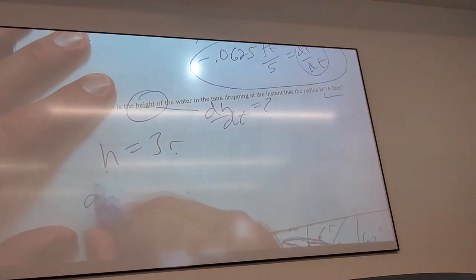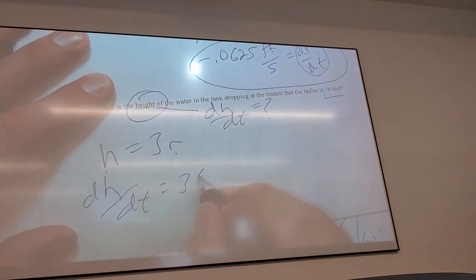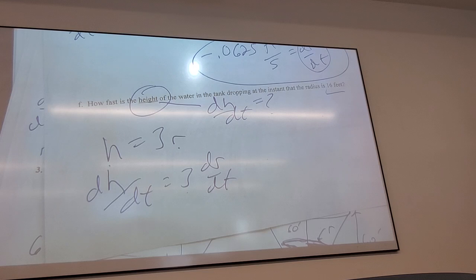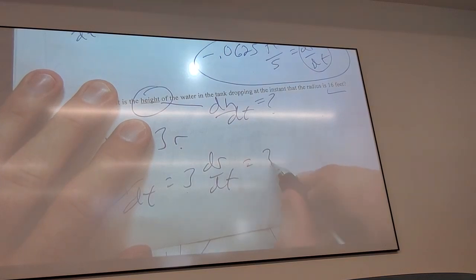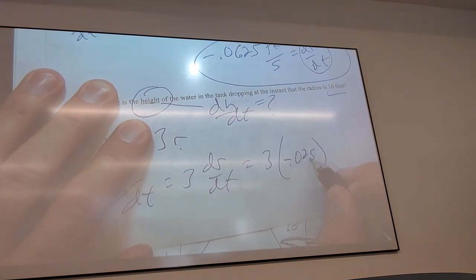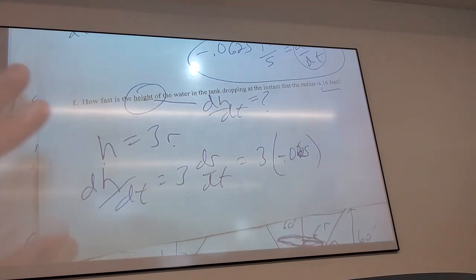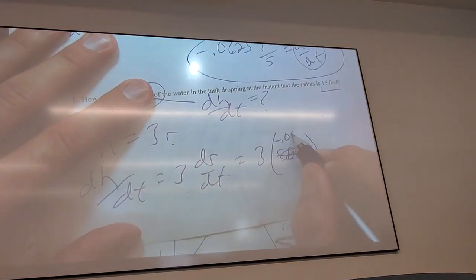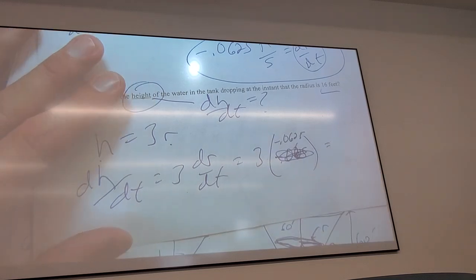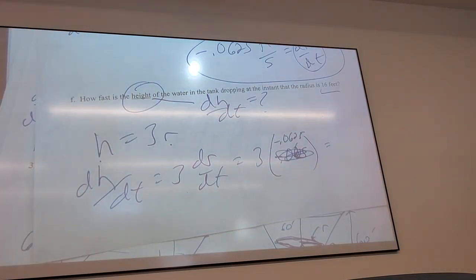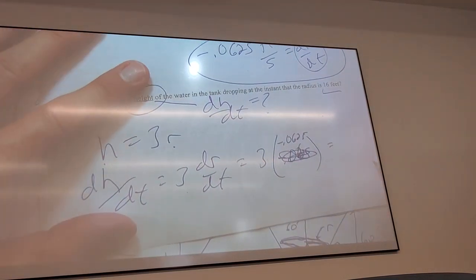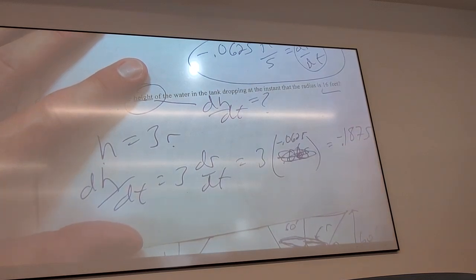So if I take a derivative of both sides with respect to time, I get dh/dt equals 3 dr/dt. Is that cool? So dh/dt is 3 times negative 0.0625, which is negative 0.1875 feet per second.